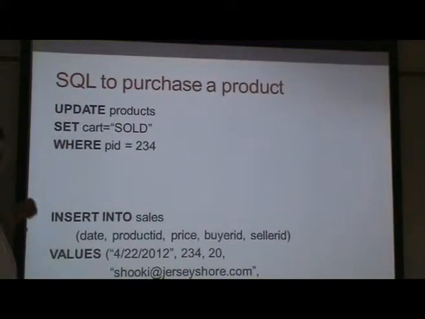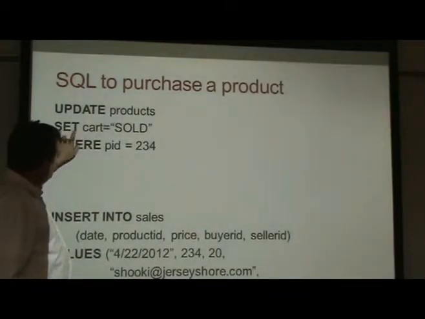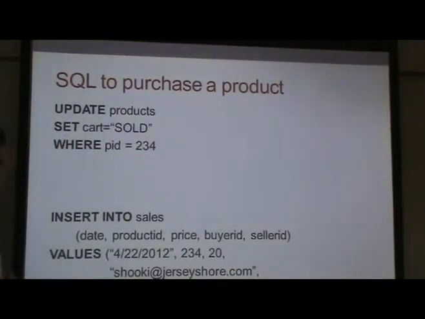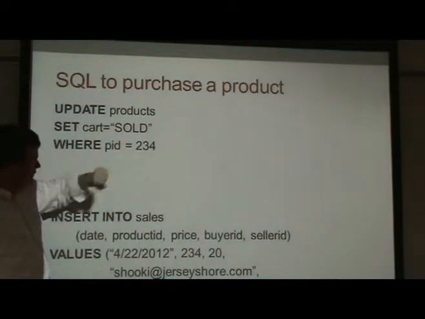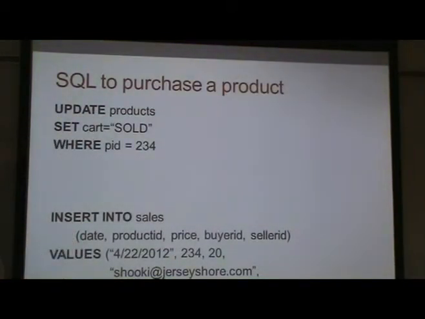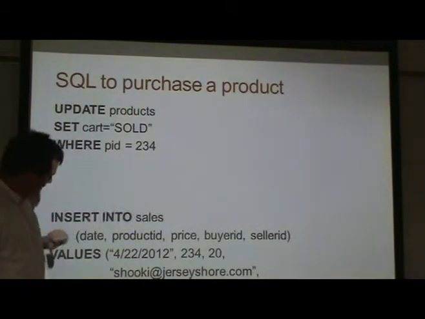So what we would do is, we could make an update to the products table. We could set the cart equal to some value like sold, and do it for a particular item, not for every item. And then we have to add an entry. We have to do an insert into the sales table.